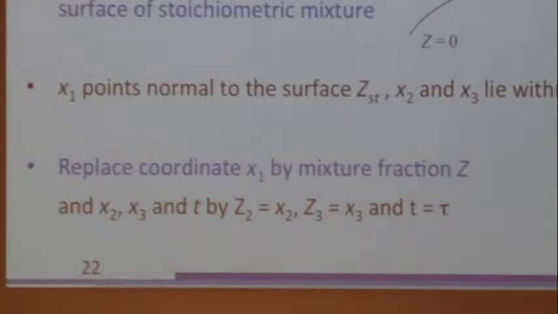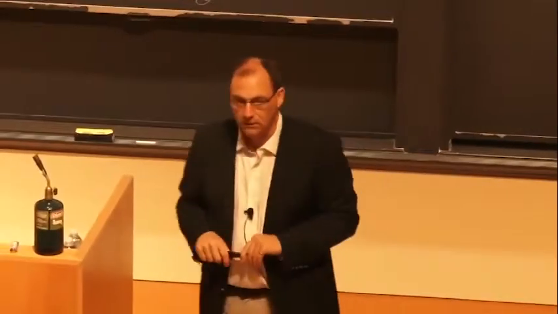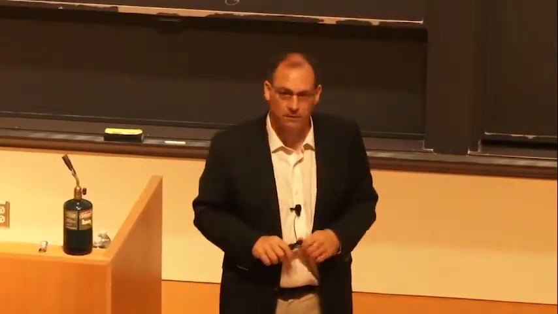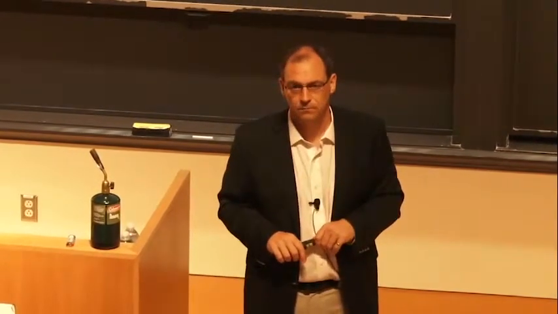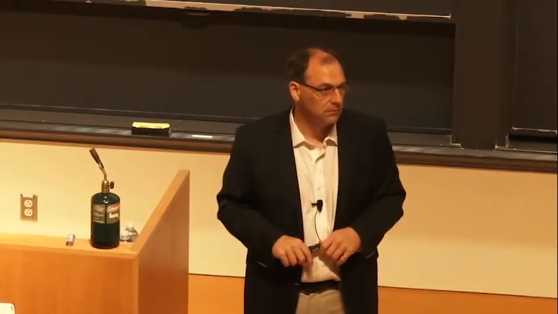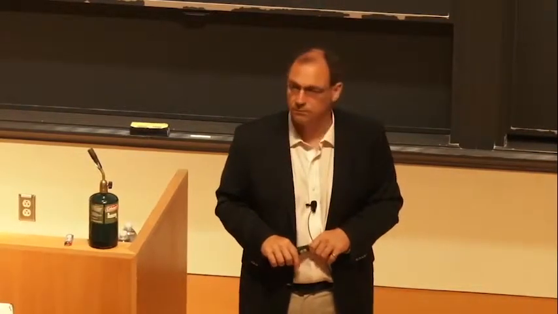Okay? Why do we need to give them new names if they stay the same? Now, this is just a mathematical reason. Why do we need new names when we do a coordinate transformation? Why can't we just leave them x2 and x3?